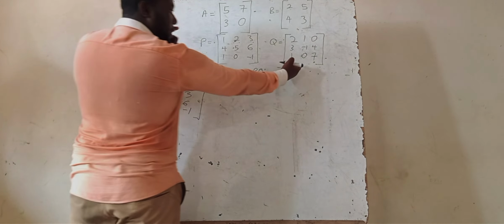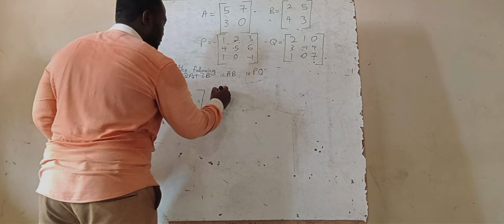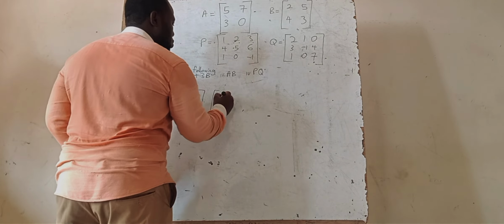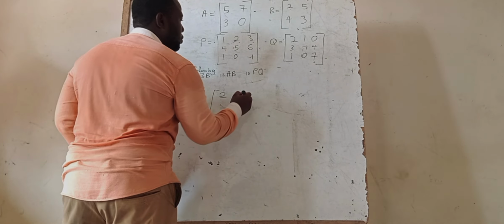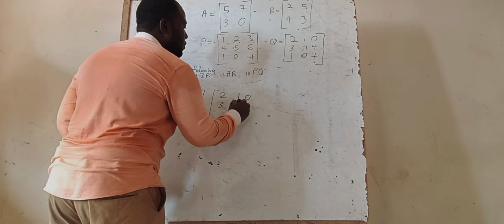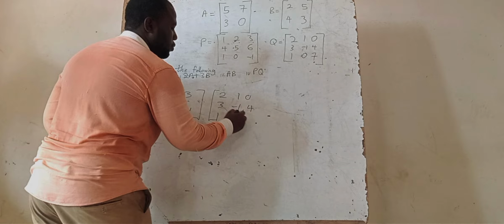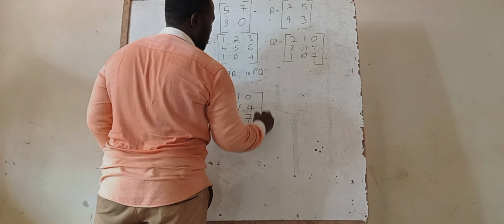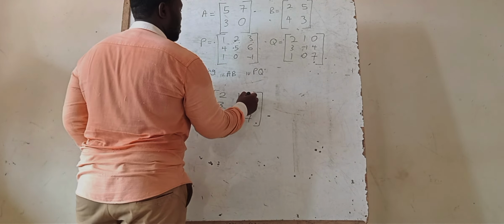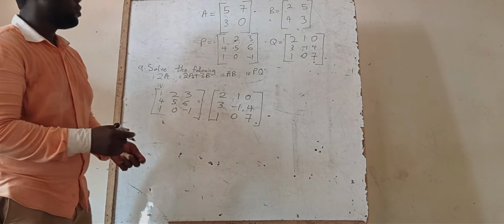And for Q, we have 2, 1, 0, 3, -1, 4, and 1, 0, 7. So this is how it will be.